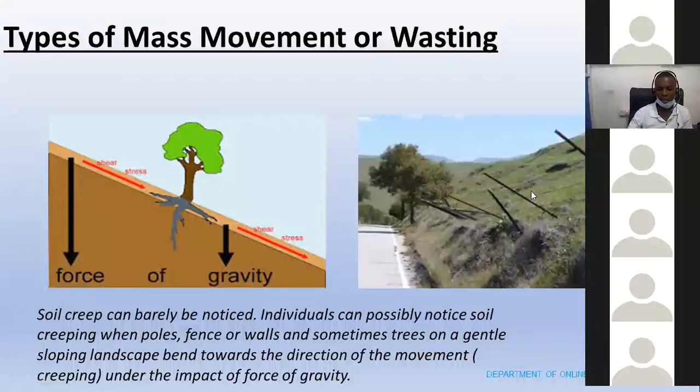Now, we look at the second image here. You can see this fence and the poles bending towards a particular direction. Initially, this was not how they were erected or placed on the landscape. But as a result of the soil creep, we see the fence shifting in the direction of the creep.